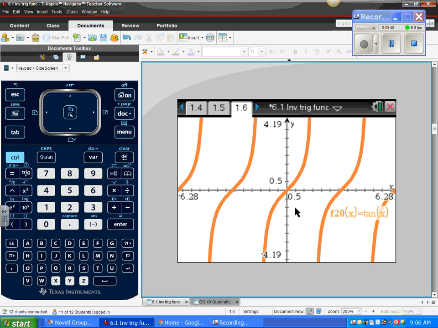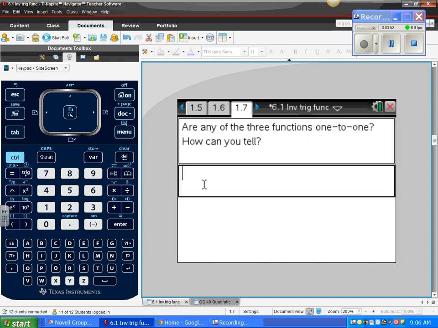Okay, so not a single one of these is one-to-one. How can we tell? They all fail the horizontal line test.